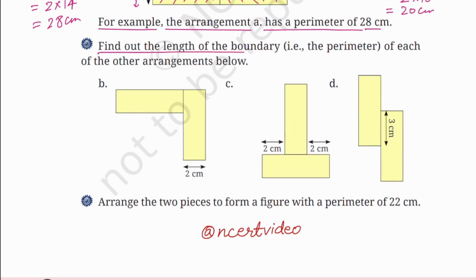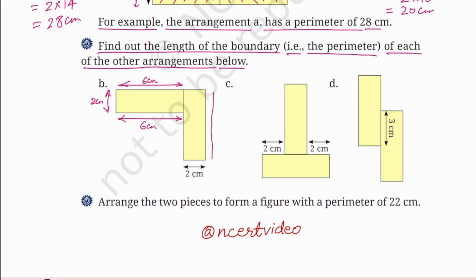Find out the length of the boundary, that is the perimeter, of each of the other arrangements below. First, you have to write the side lengths like this. This is 2 centimeter. This is 6 centimeter. This one 6 centimeter. This one 6 centimeter.